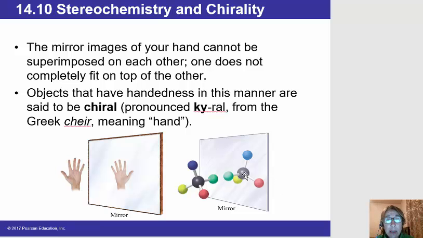However, the image has the green atom where the original has a yellow atom. And where the image has a yellow atom is where the original has a green atom. And no matter how you rotate the image and the original, you cannot get one to superimpose on the other, just like you can't get your left hand to superimpose on your right hand no matter how you twist it. So that's what chirality means.